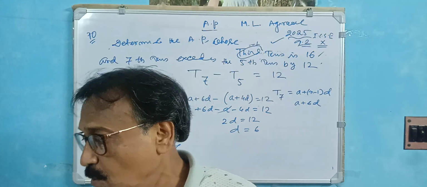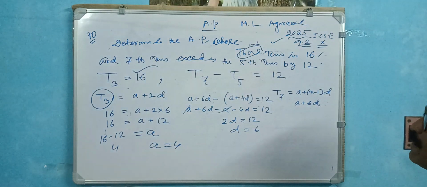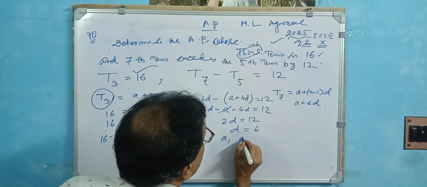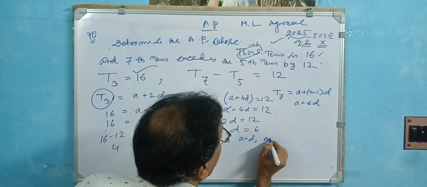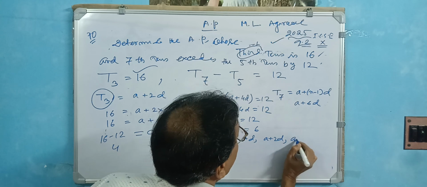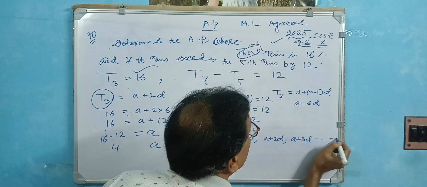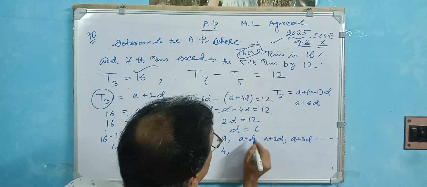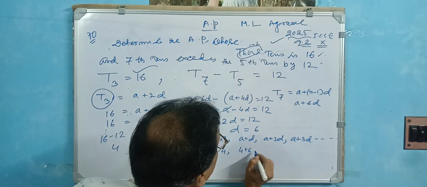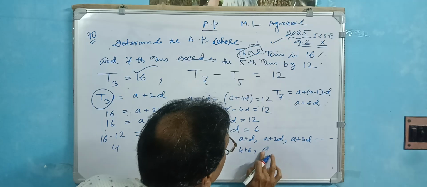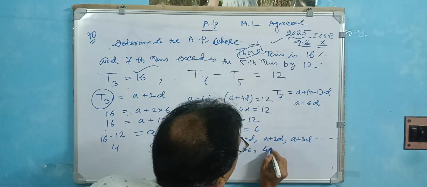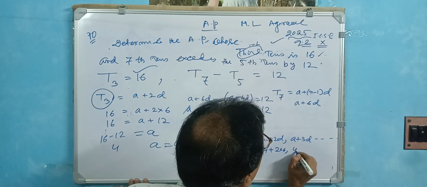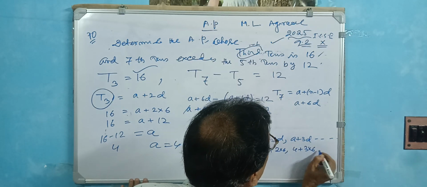Common difference you know. Now from the AP, you know the AP form a, a plus d, a plus 2d, a plus 3d, dot dot dot. Write a is 4. Common difference is 6. 4 plus 6, here is 4 plus 2 into 6, 4 plus 3 into 6, dot dot dot.